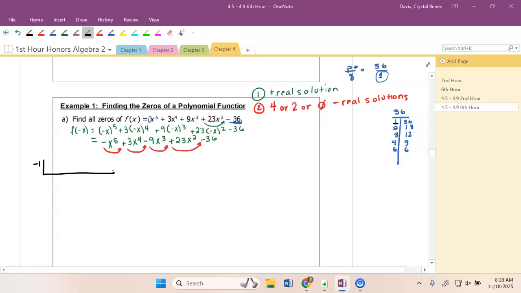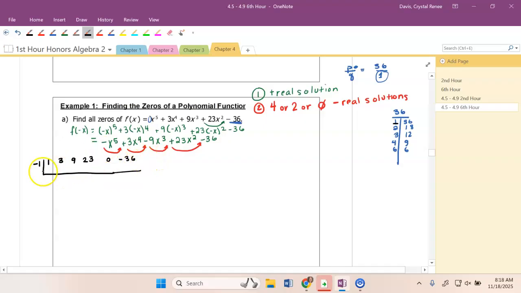Remember we do this with synthetic division, so I need the coefficients: 1, 3, 9, 23, and I need to put 0 in as my placeholder for x, and negative 36.